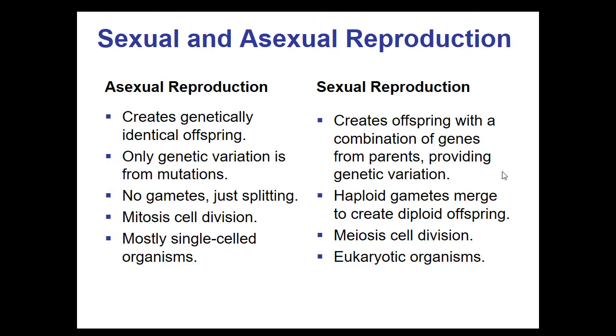If there's no mutations, then the daughter cells would be the same as the parents. If you take a cutting of a house plant and plant it and make a new plant, that new plant is genetically identical to the original plant. If a bud forms and breaks off, that bud is going to be genetically the same as the original organism.